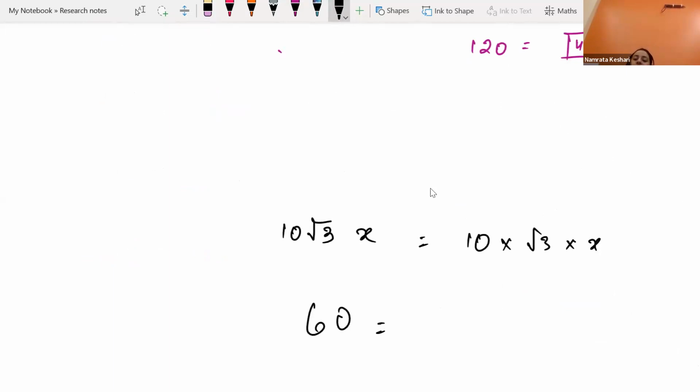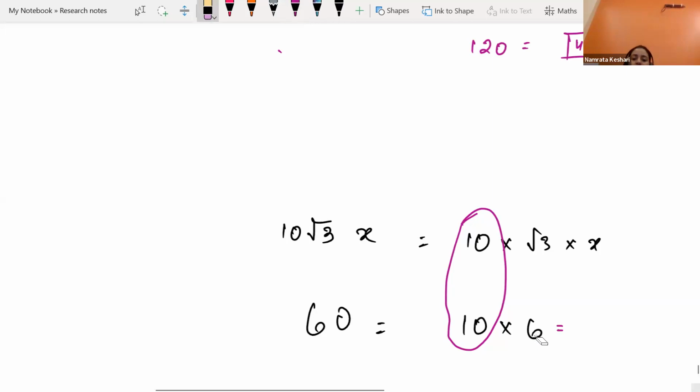Because 60 can be written as 10 into 6, right? So 10 we can see is common, right? Now the question is whether anything else is common. That's why I have written it separately. So this 6 can be written as 2 into 3, right? So I'm going to write this 6 as 2 into 3.